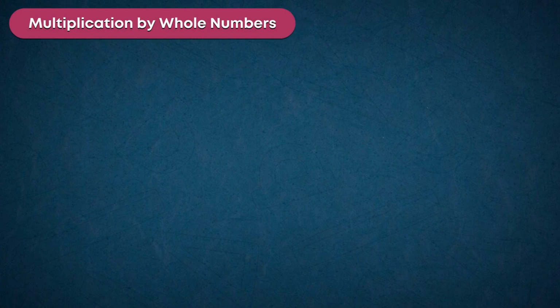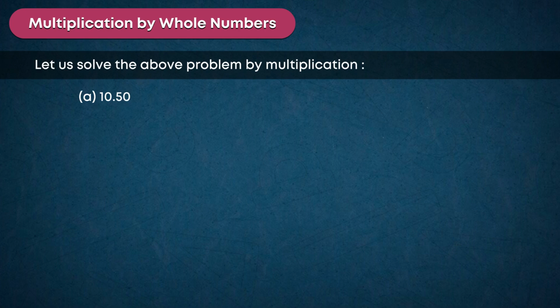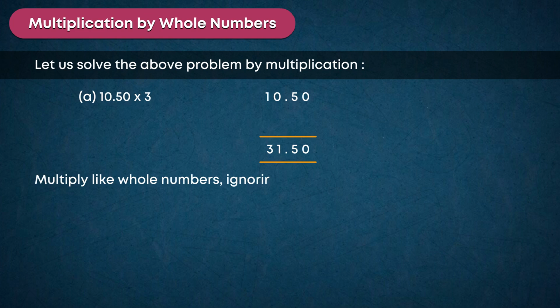Multiplication by whole numbers. Let us solve the above problem by multiplication. A. 10.50 into 3 is equal to 31.50. Multiply like whole numbers, ignoring the decimal.